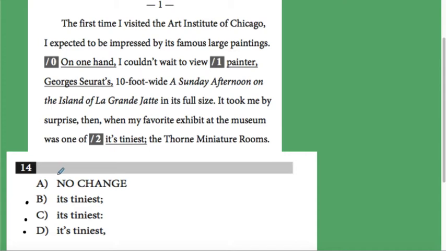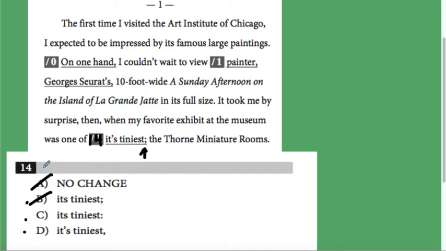These got misnumbered for some reason, so it's right there. "It took me by surprise then when my favorite exhibit at the museum was one of its tiniest, the Thorne miniature rooms." I know I can't use a semicolon because the Thorne miniature rooms is not a complete thought. Remember, a semicolon has to go between 2 independent clauses. So I can get rid of A and B, and I don't even have to worry about the its in these cases.